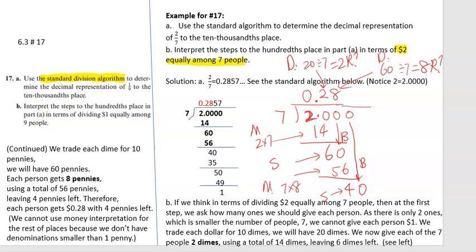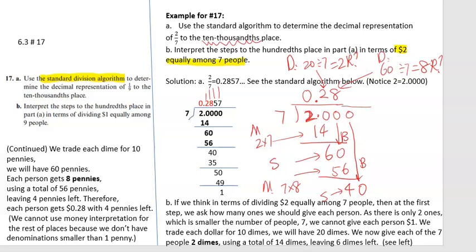In this case, they want us to round it to the 10,000th place. So this is the tenths, hundredths, thousandths, and ten-thousandths place. We have to do at least four rounds. I'm just going to use my solution here to explain the rest of it.